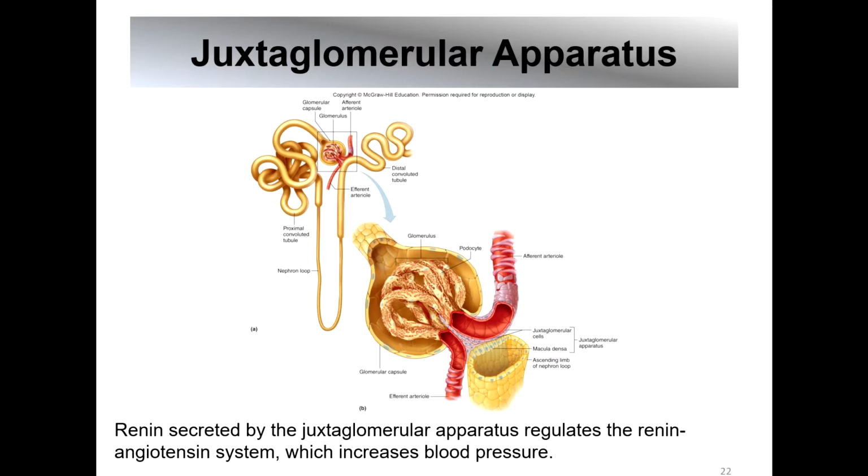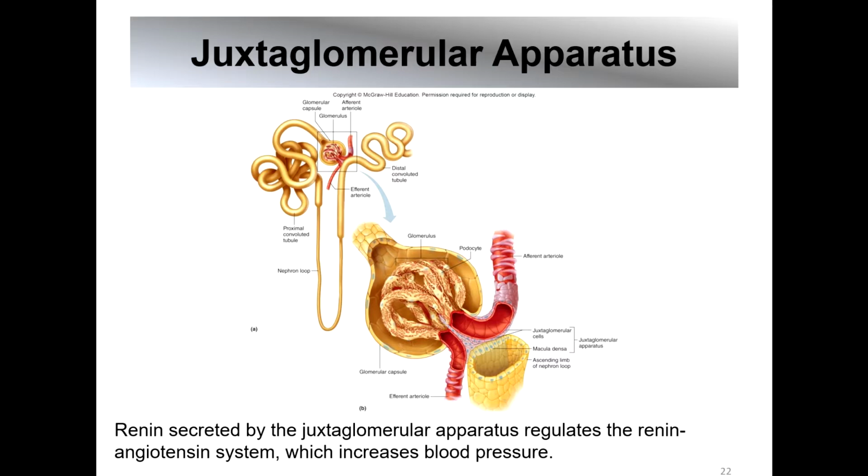And then renin is going to activate a precursor molecule called angiotensinogen. Remember that O-gen means it's a precursor, an inactive protein. So renin is an enzyme that activates angiotensinogen. And when it does, it turns it into the protein angiotensin 1.